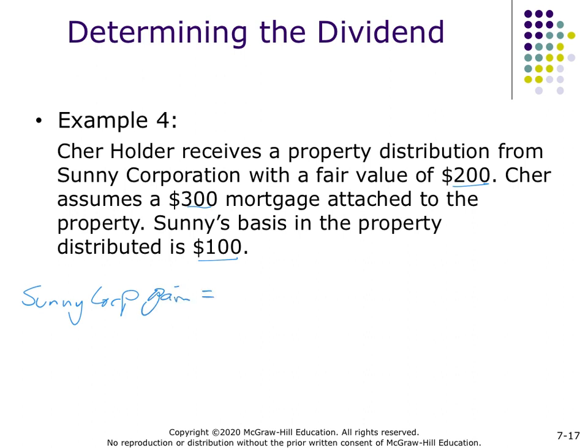Okay, so now remember, when the liability is larger than the fair market value, then what ends up is you take that liability minus the tax basis. And so in this situation, they would have $200 of gain.